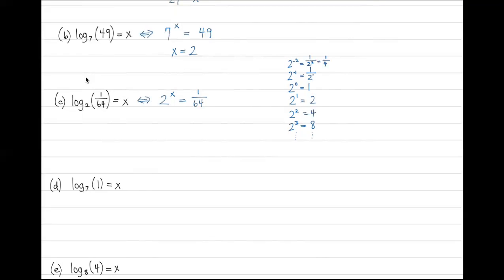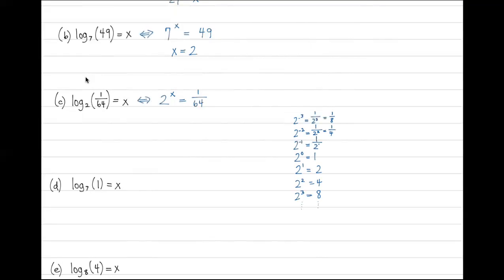So we're going to keep going. 2 to the power of minus 3 is 1 over 2 to the 3, which is 1 over 8. Oh my goodness, we're going to have to keep going. Let me move this. I need more room. There we go. Okay, so then we've got 2 to the power of minus 4 is 1 over 2 to the 4, which is 1 over 16. 2 to the power of minus 5 is 1 over 32.